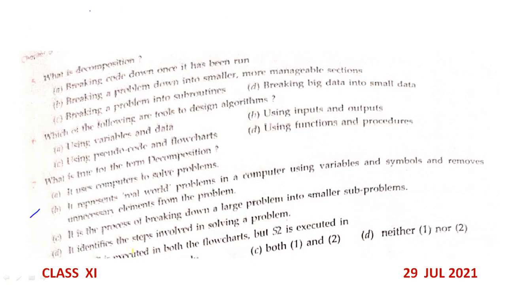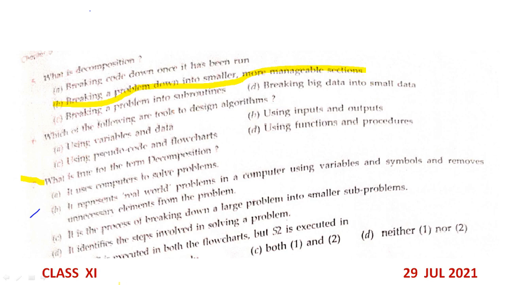What is decomposition? Options are breaking code down once it has been run, or breaking a program down into smaller, more manageable sections, breaking a problem into subroutines, or breaking big data into small data. The appropriate answer is B here, breaking a problem down into smaller, more manageable sections.